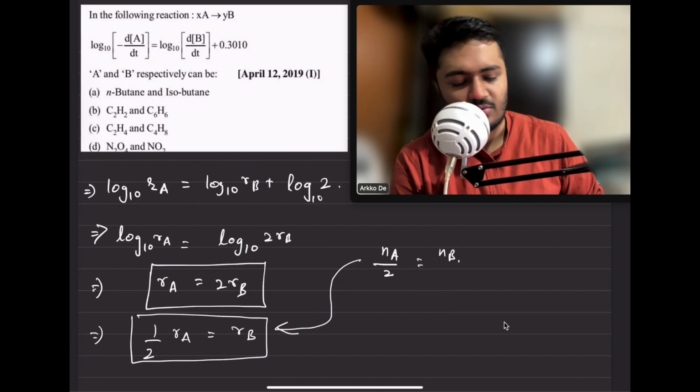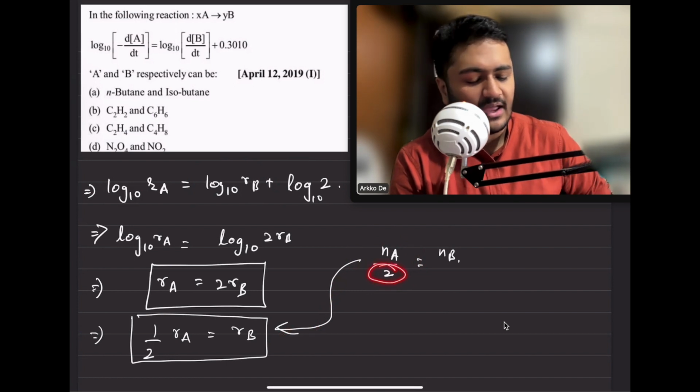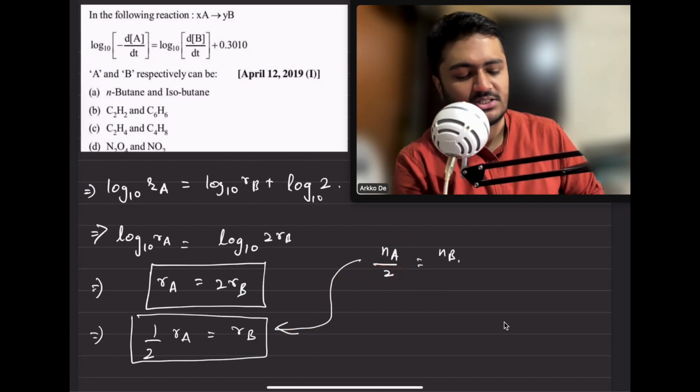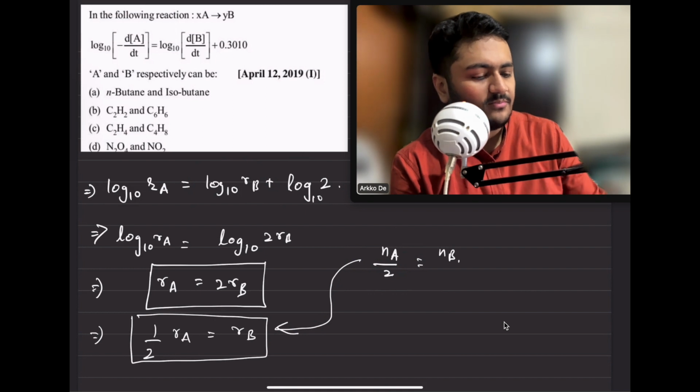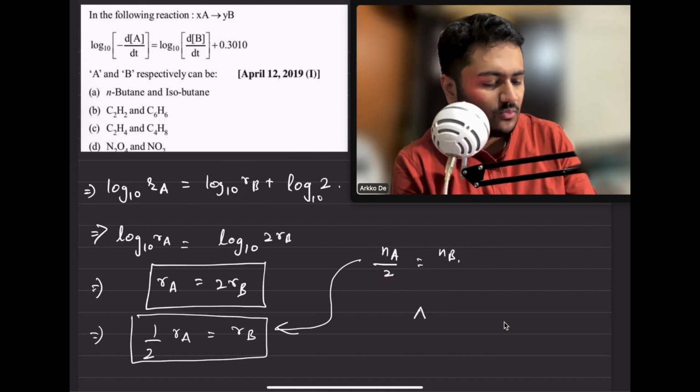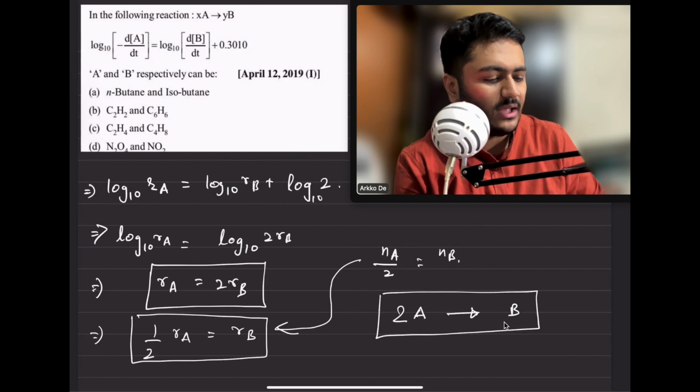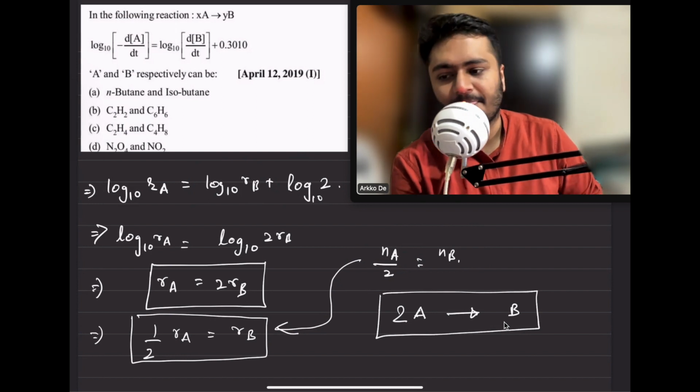So I guess the coefficient of rate will not change. From this we can tell that the coefficient of A will be 2 and the coefficient of B will be 1. So the equation must be 2A gives B.